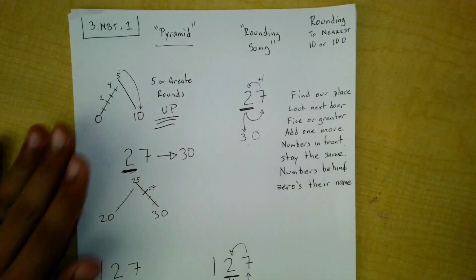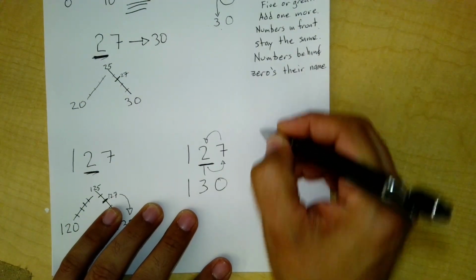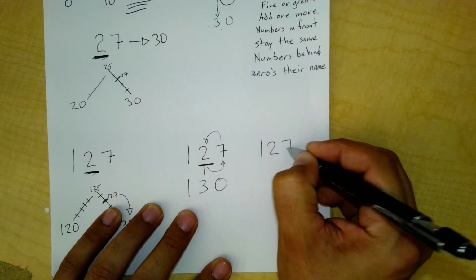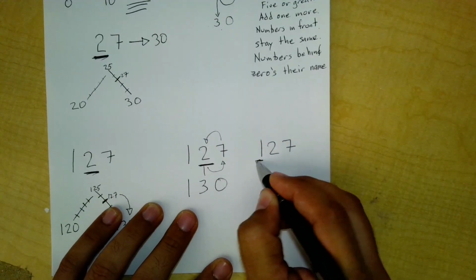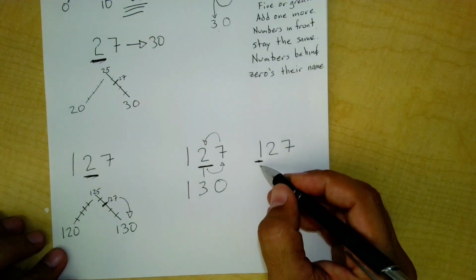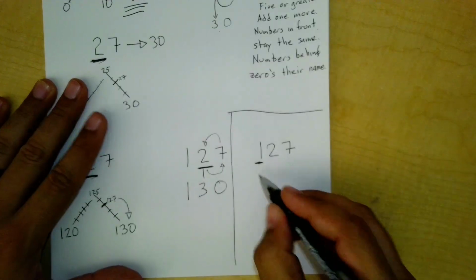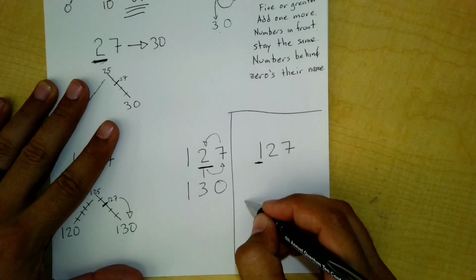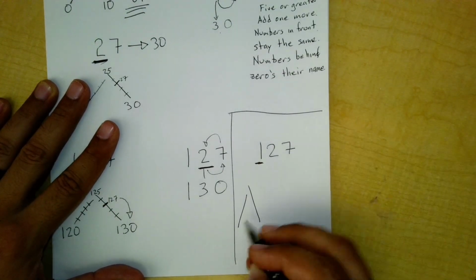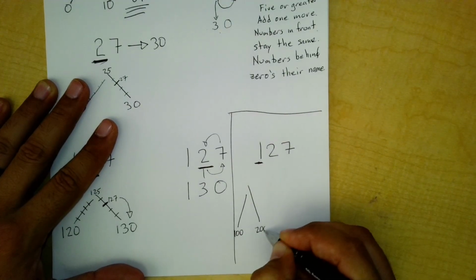Practice and make sure that you can do a problem like 127, rounding to the hundreds place isn't much different. Even if you're going to do a mountain strategy, I'm going to separate this. If I do a mountain strategy here, I can do a mountain where 127 is going to fall between 100 and 200.